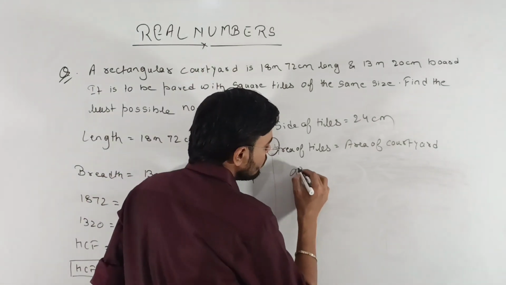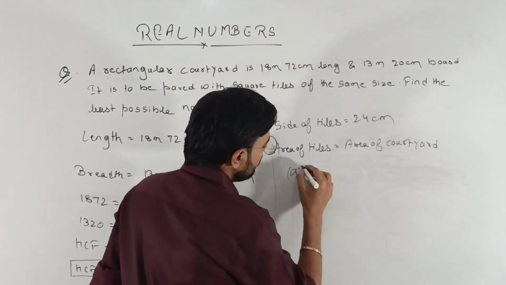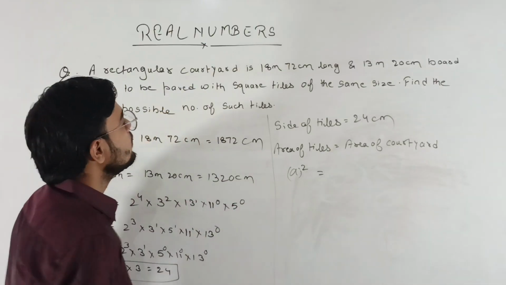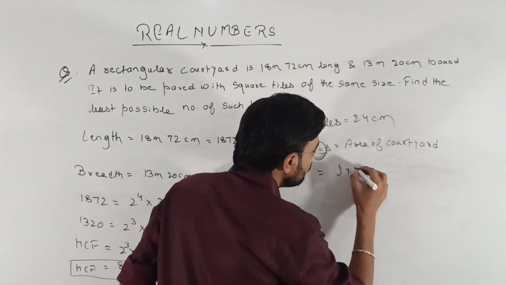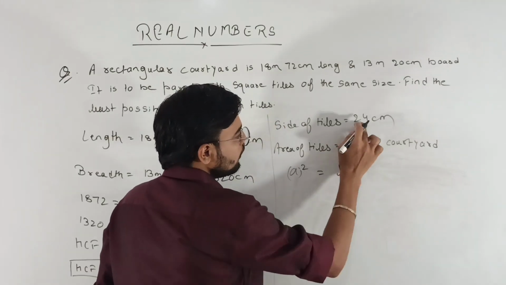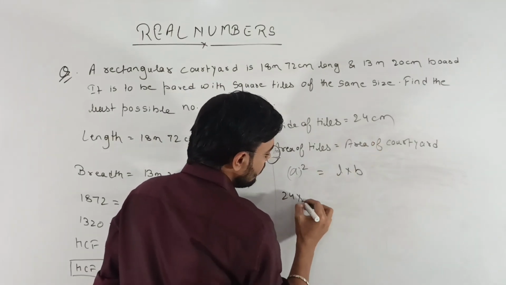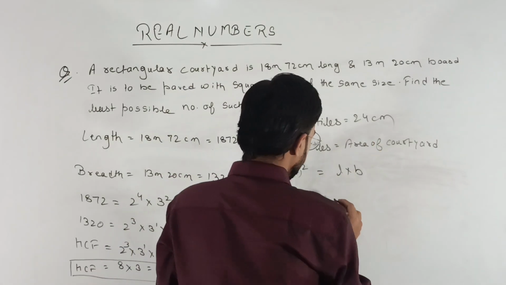The courtyard is in the shape of a rectangle, so the area of a rectangle is L into B. So side square is 24 into 24.